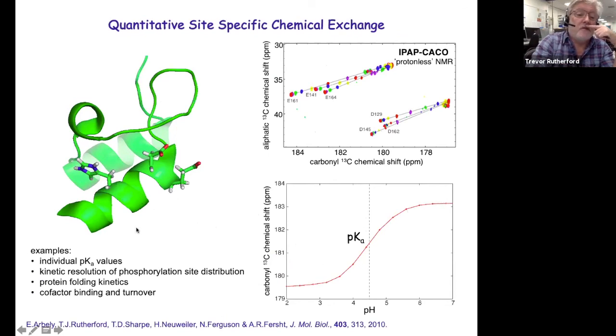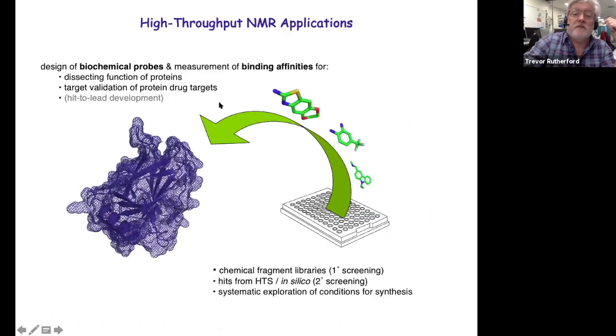It could also be kinetic resolution of phosphorylation sites, for example, looking at where different kinases are phosphorylating. We could be looking at site-specific changes and perturbation, protein folding and cofactor turnover, whatever. But the important bit is it's quantitative and it is site-specific.